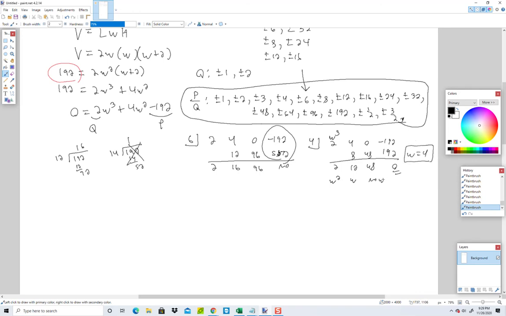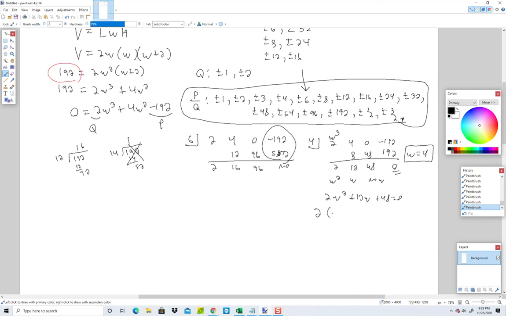That's from a theoretical standpoint. We have to think about whether it makes sense from a box standpoint. Like we said, you can't have negative distances. So I'm going to have 2w squared plus 12w plus 48 equals 0.